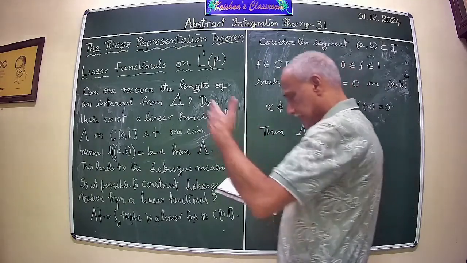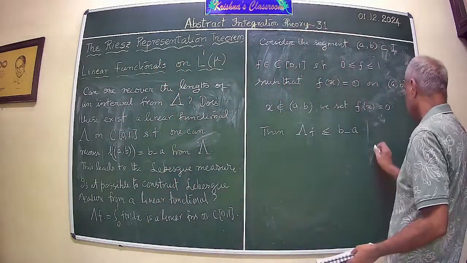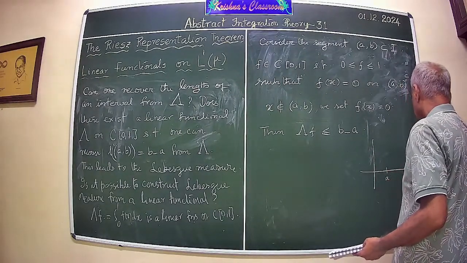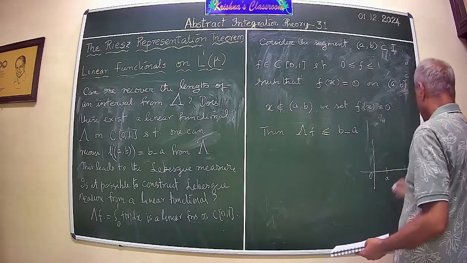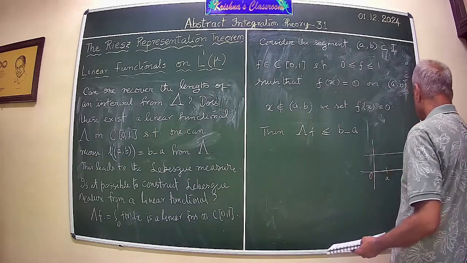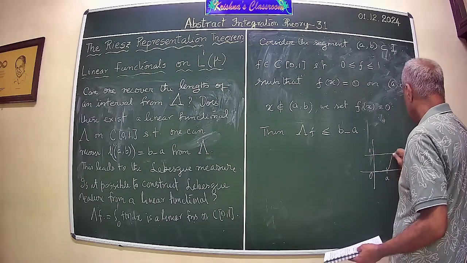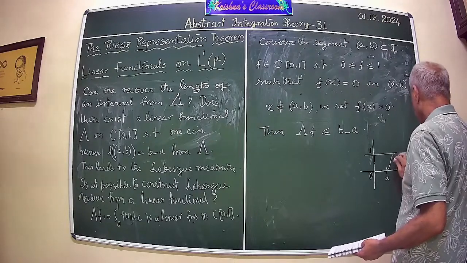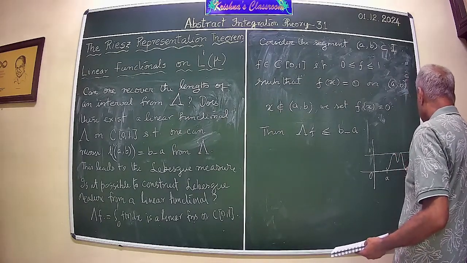Now we see that for the whole class of functions of this kind, for example, it is like this. Suppose this is AB. Now this is 0, 1. Now these are functions of this type. This is 1. So these are continuous functions of this type, or even all non-negative functions of this kind.